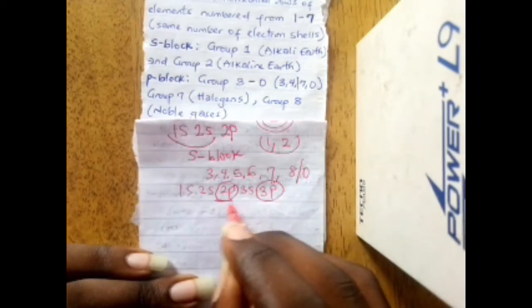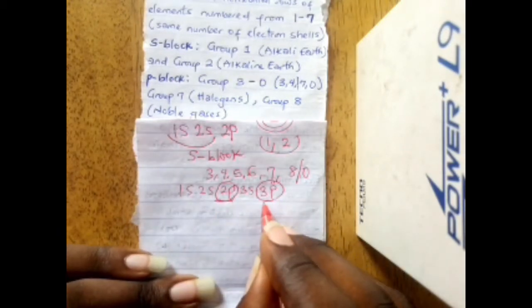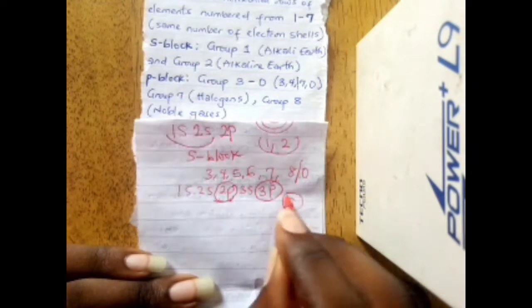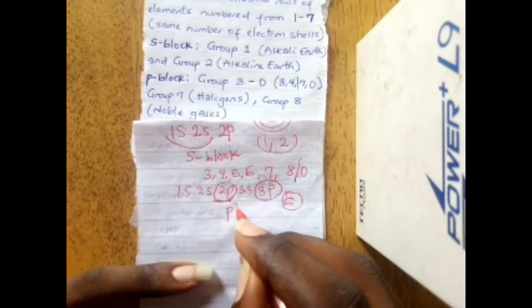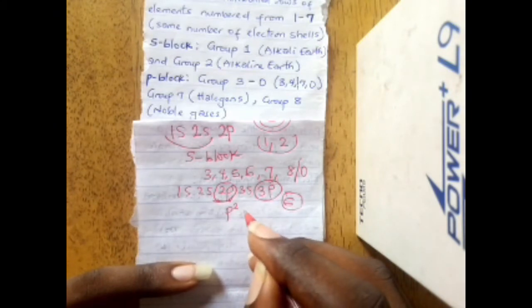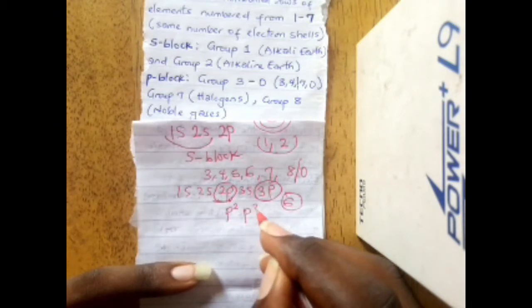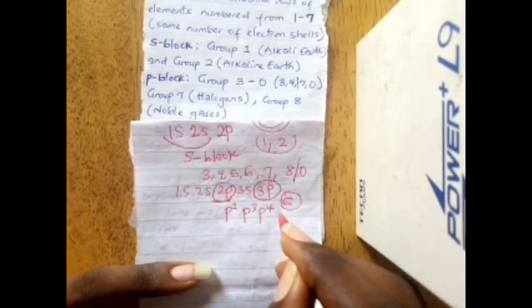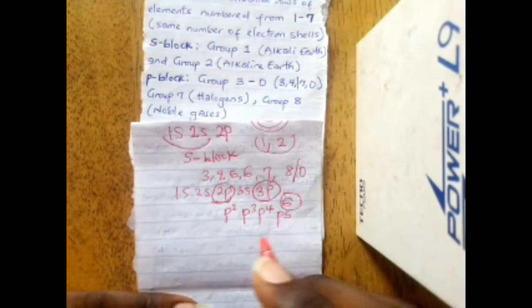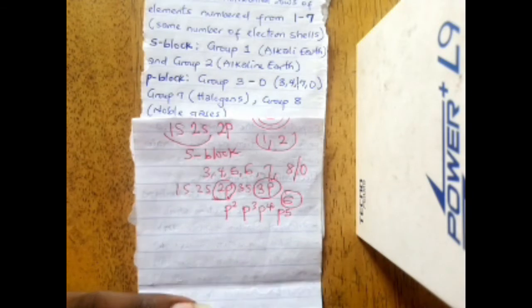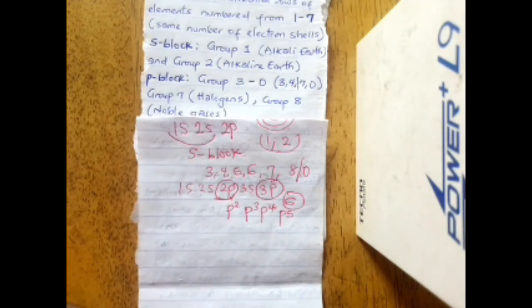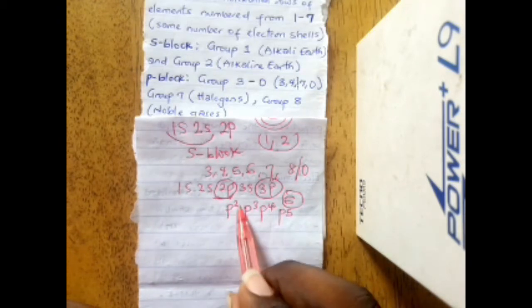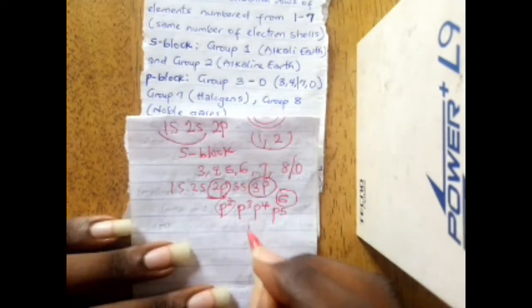If you recall, the P block can take a maximum of 6 electrons, so in their configuration you might have p2, p3, p4, p5, and so forth. So elements in group 3 to 0 are P block elements because in their outermost shells, the electrons are configured in the P block.